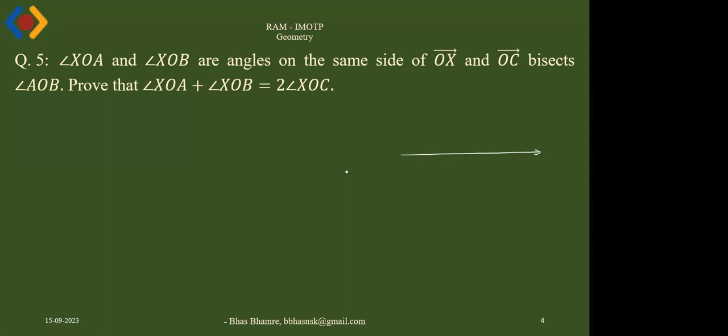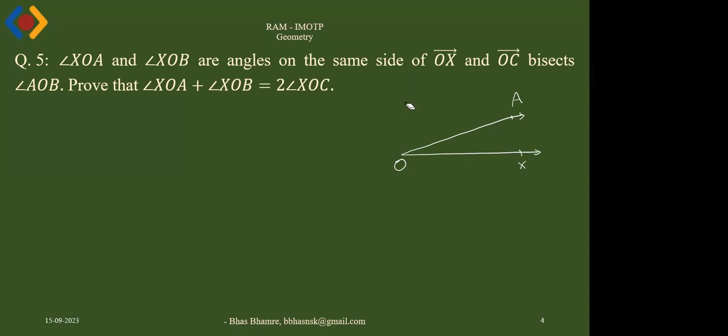It is said that angle XOA, this is ray OX, this is our angle XOA, and angle XOB is somewhere here, or otherwise I can draw a little bit more, say here.